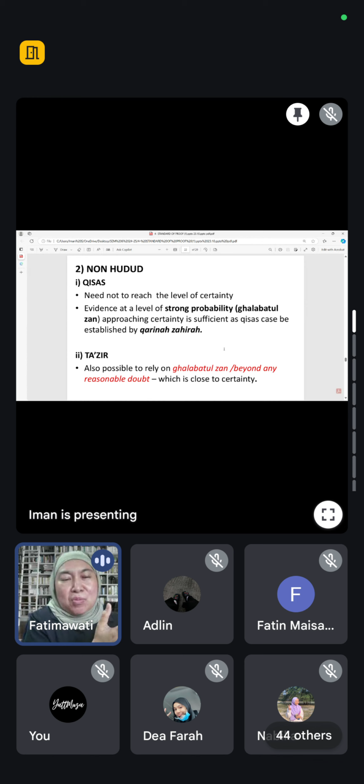Therefore, you boleh. Dia punya level ni adalah beyond reasonable doubt. Okay, qisas dengan ta'zir lah. Kalau ta'zir tu, kita also rely on ghalabatul zon, which is a strong probability and which is beyond reasonable doubt. Dia hampir-hampir kepada certainty, kepada yakin, tapi tak sampai. Macam kalau 100% is yakin, 99 to say 51% is zon. So it plays within that category. Okay, next.